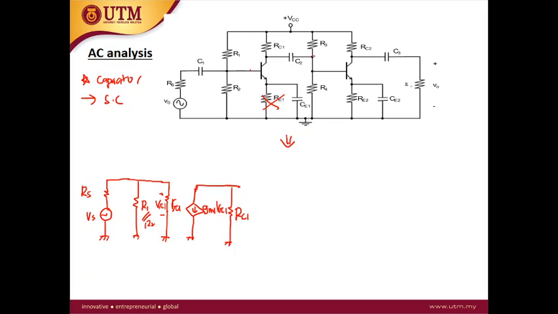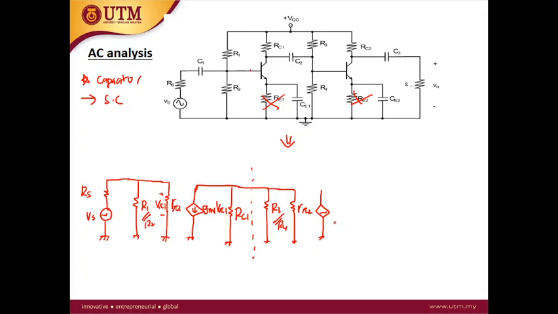And we also have connection to the next stage. At the next stage, we have the parallel of R3 and R4. Okay, and then at the base and emitter, this is R pi 2. The voltage across the R pi 2 is V pi 2.